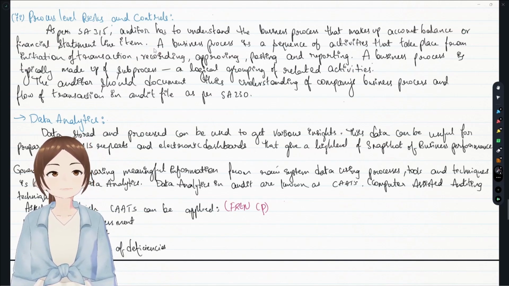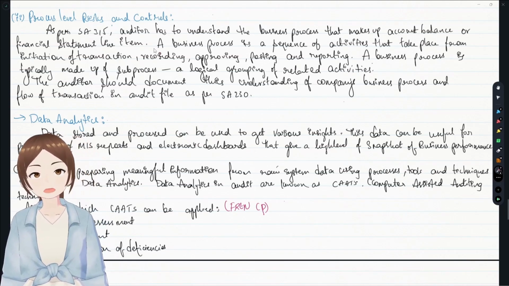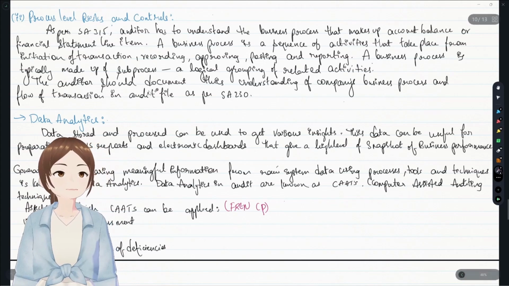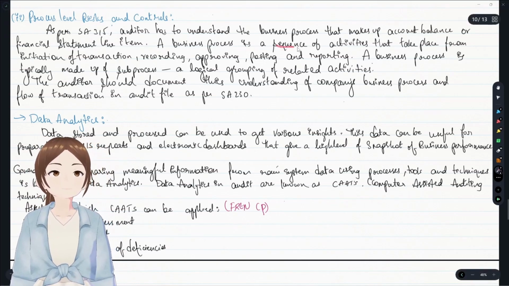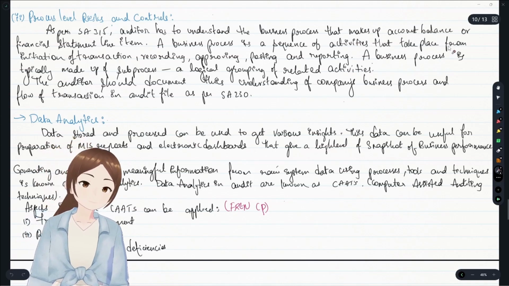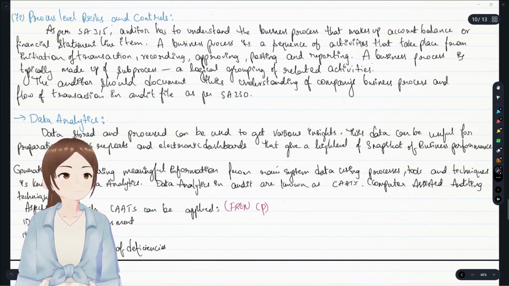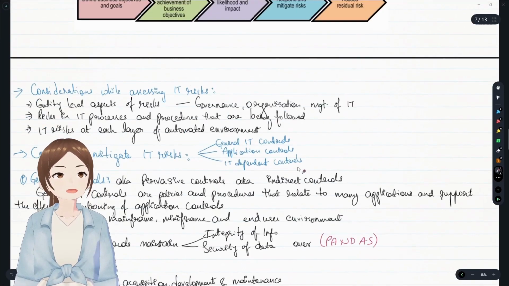What is a financial statement line item or account balance? It is debtors, creditors, land and buildings, travel expenditure, etc. The business process is a sequence of activities. How does the auditor come to know it? Through the walk-through process.